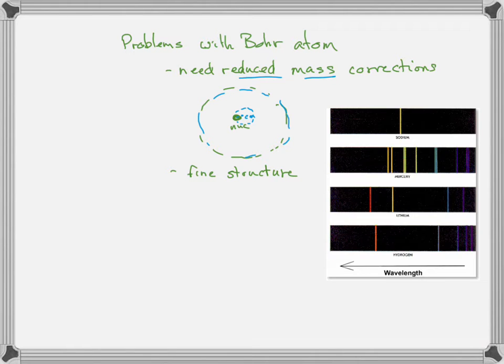It's the fine structure that is not understood. Now, you can't really see in this kind of experiment, but this line here actually is made up of a couple of really closely spaced lines of slightly different color. And it's that fine structure that we're not able to predict with the Bohr atom.